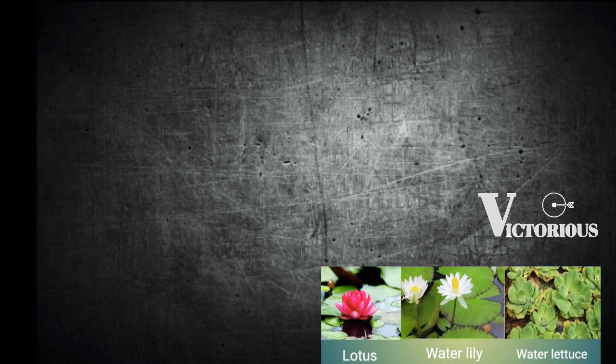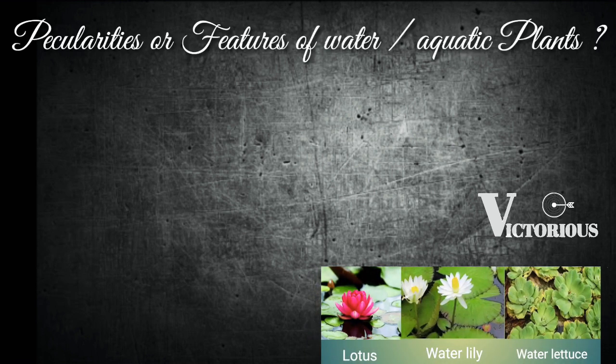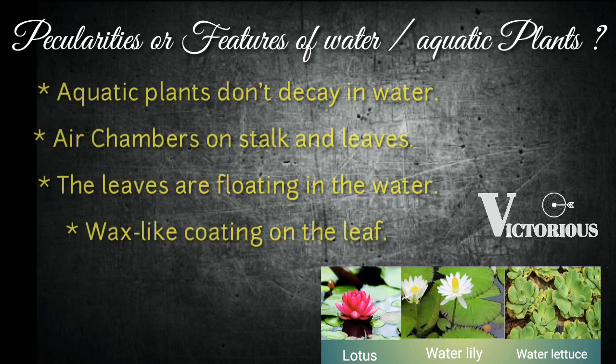So the next point is, what are the peculiarities or features of water plants? So look at the picture once again. If we observe, we can understand aquatic plants don't decay in water, right? Then there are air chambers on the stalk and leaves. The leaves are floating in the water. We can see there, right?